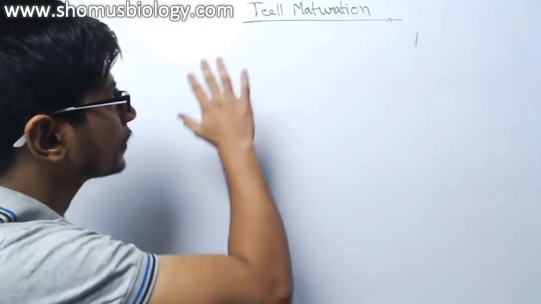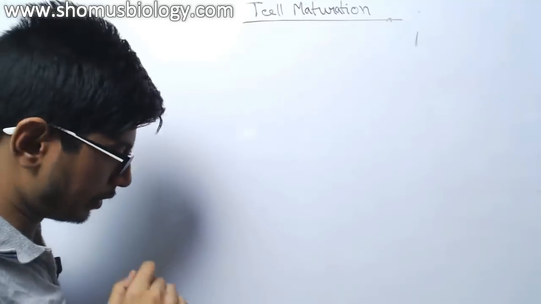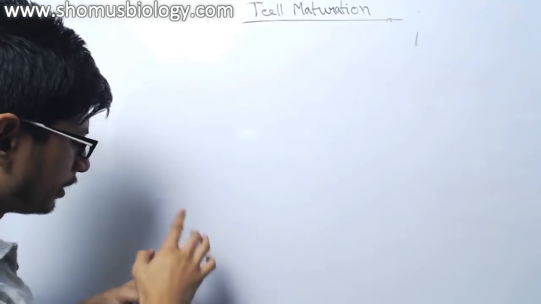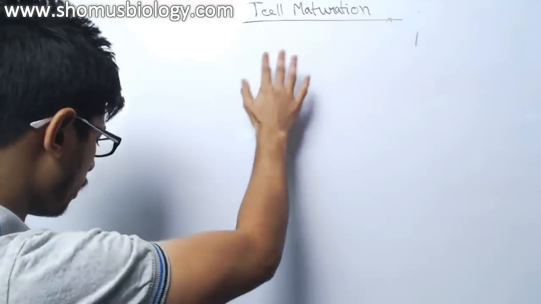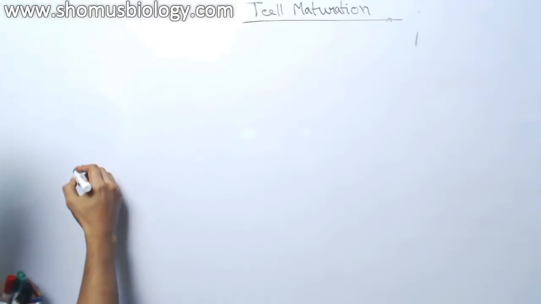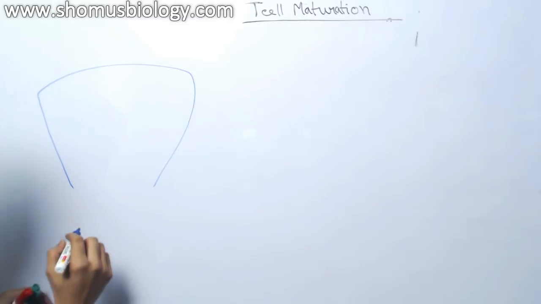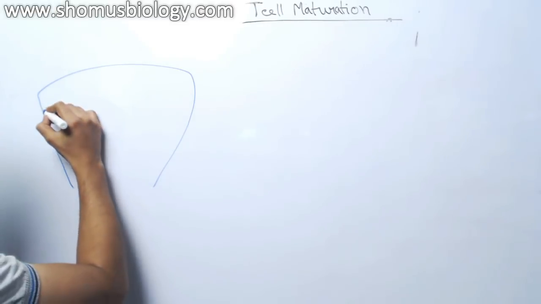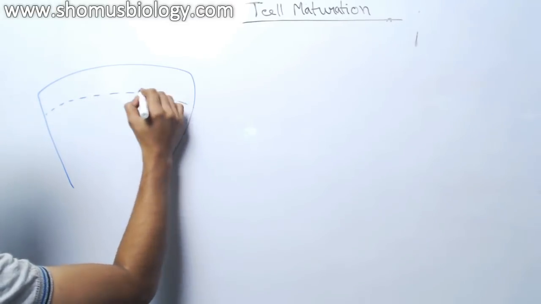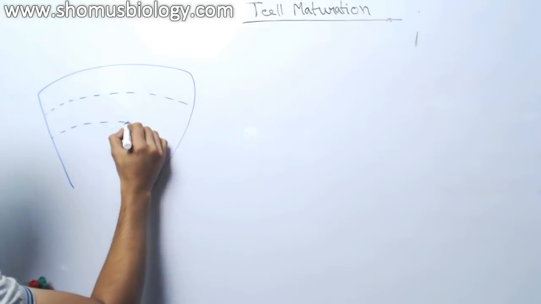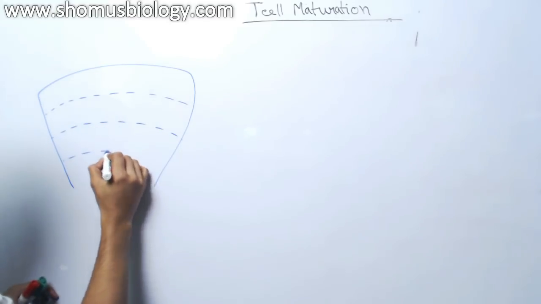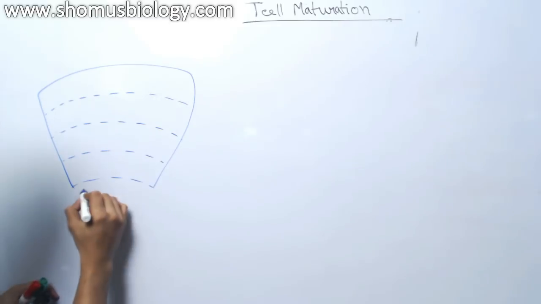So let's look at this whole process of T cell maturation. For this, we need to understand a simple thing: the whole process of maturation is taking place in the thymus. Now, if I draw the cross section of the thymus, the thymus has different regions. For example, this is the subcapsular region, then the cortex, then the corticomedullary junction, and finally the medulla.